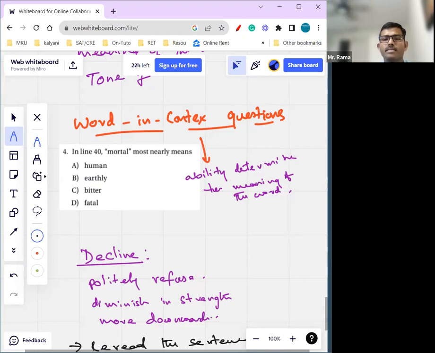Or, "the coffin contains a dog's mortal remains" means earthly. So there are a lot of different meanings for each word that you can choose.